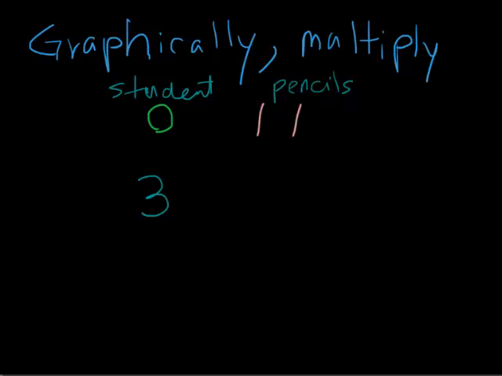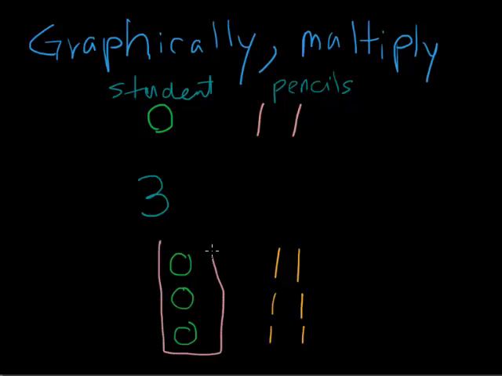So we can say, all right, 3 students, 1, 2, 3, and each student has 2 pencils. Okay, so how many pencils do we have? We have 3 sets of 2, right? 1, 2, 3.